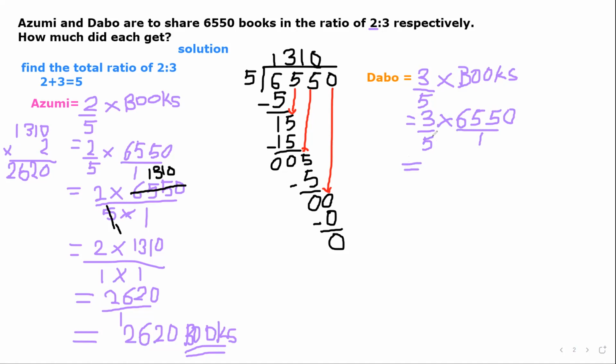Multiplication means what? You first multiply the numerators, and that one is 3 times 6,550, all over the denominators, which will be 5 times 1.